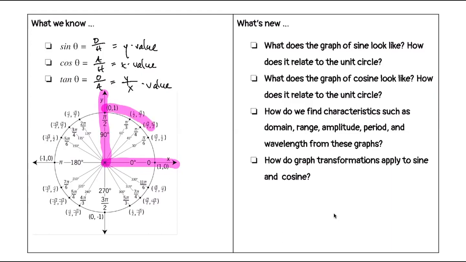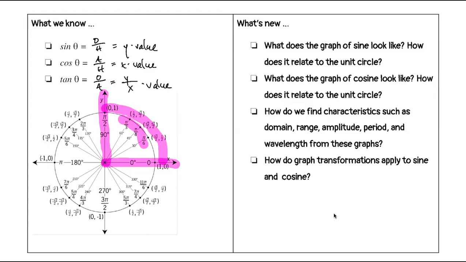In theory, if we know these values, how can we find all the other values on the unit circle so that it doesn't take up as much space or time when we're writing it, but we're really looking for those patterns that we see here?